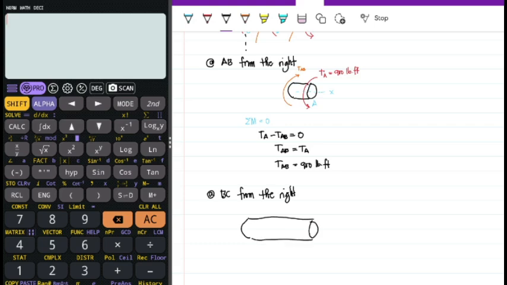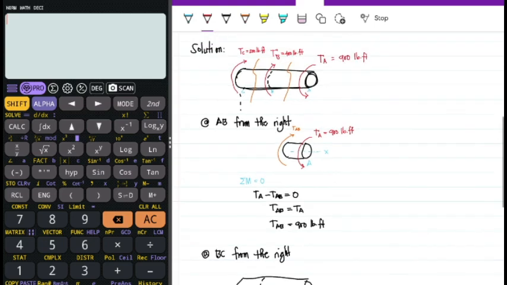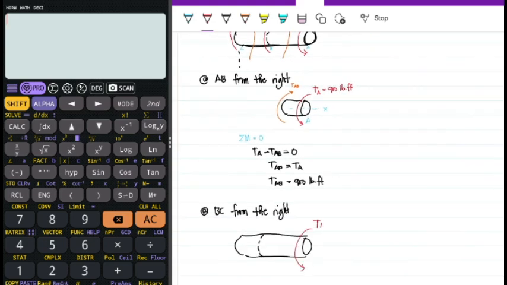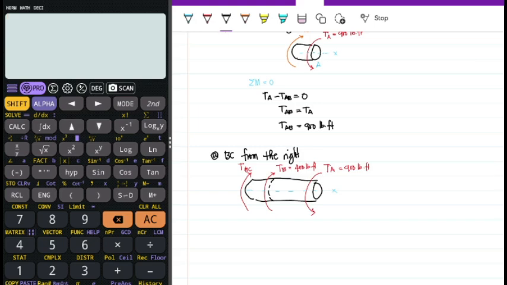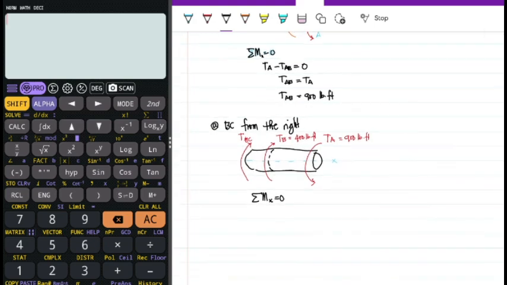Copy T sub A, which is 900, and then T sub B. So everything is very straightforward.